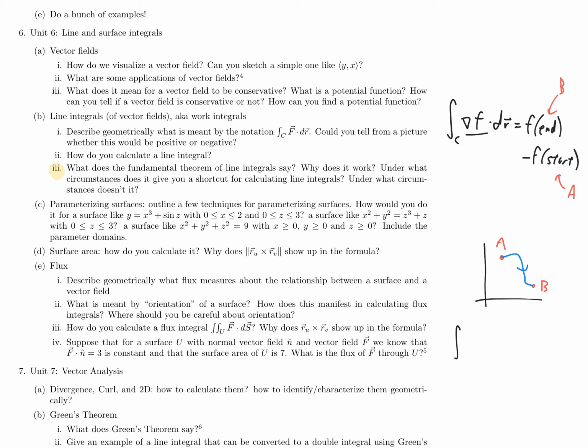If I asked you to find the line integral of (0, x squared) along some curve c, we saw that this is not conservative. This is not the gradient of any function, so the fundamental theorem of line integrals doesn't apply. The vector field is not conservative.